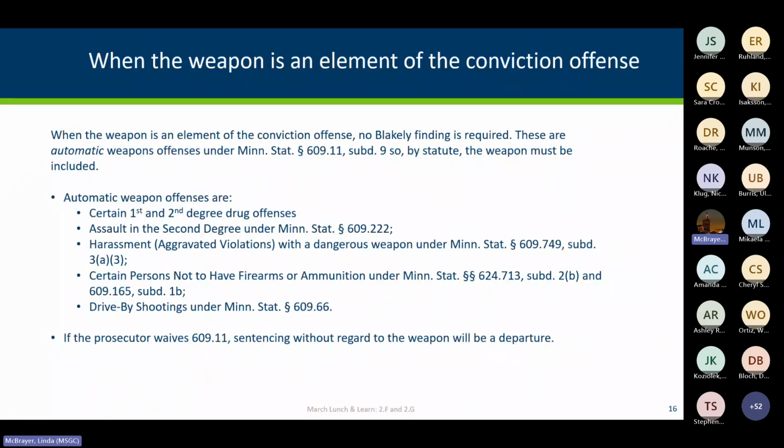There are other offenses that say that, however, that are not weapons eligible. So we're looking here just specifically at those offenses that are called out as the weapon being an element of the conviction. So that would be certain first and second degree drug offenses.